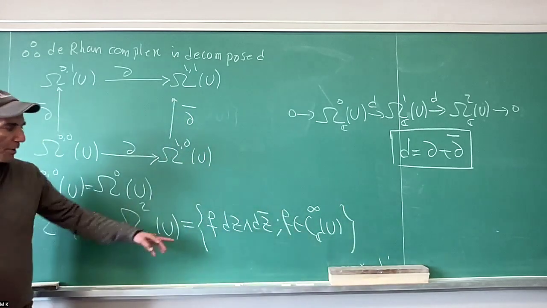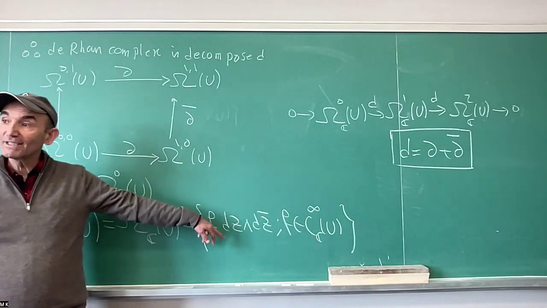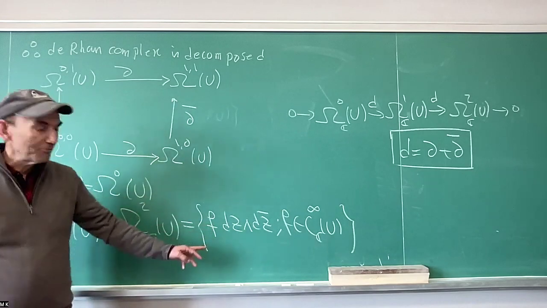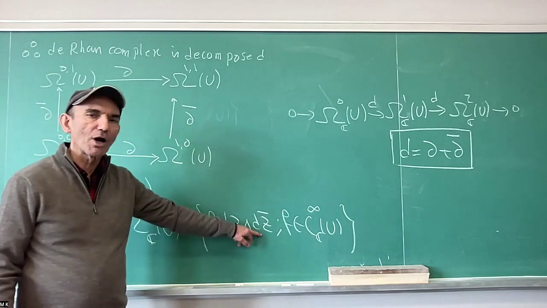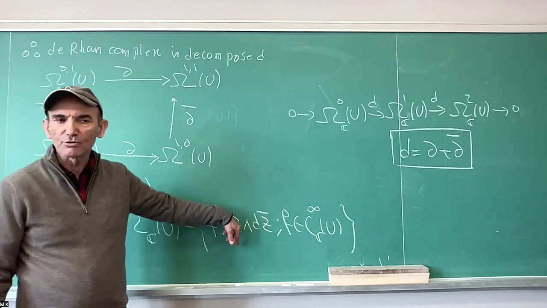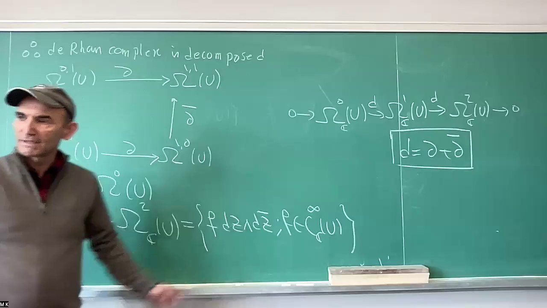You see, before I wrote it as f dx wedge dy. Now I'm writing it as f dz wedge dz bar, but they are the same. If you multiply this, as I did last lecture, of dz wedge dz bar only the term dx wedge dy remains, and there's a factor of 2i which is absorbed by this f. So the two spaces are the same.